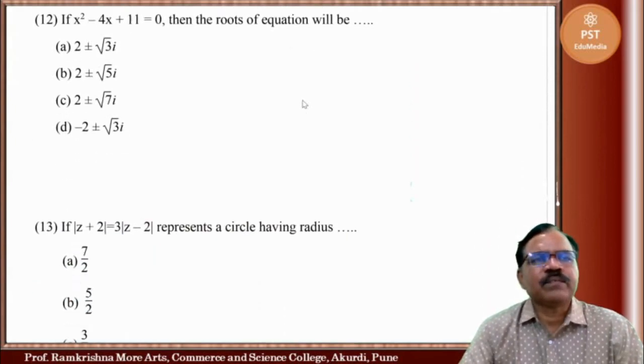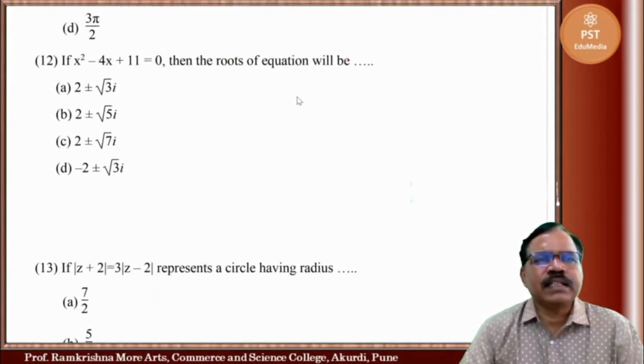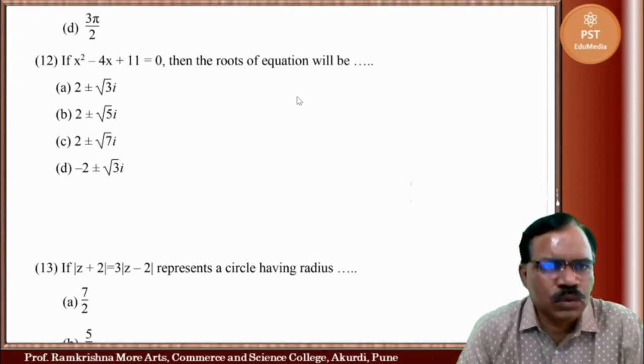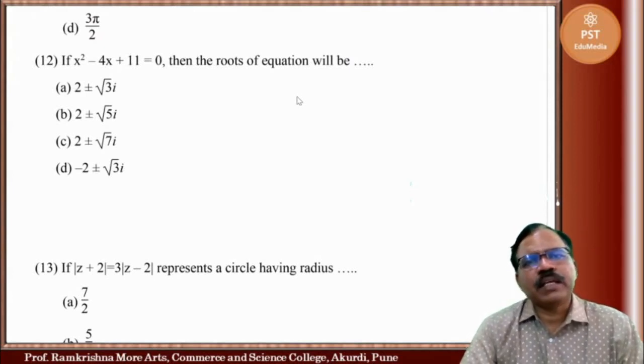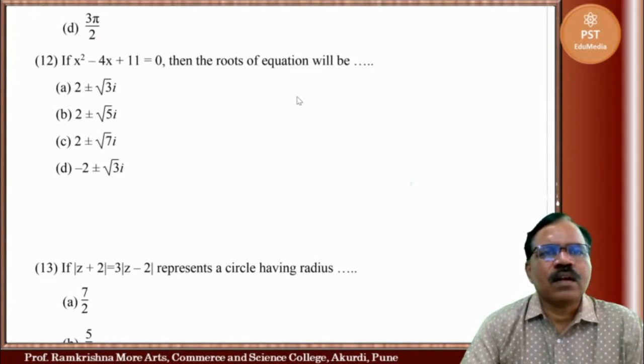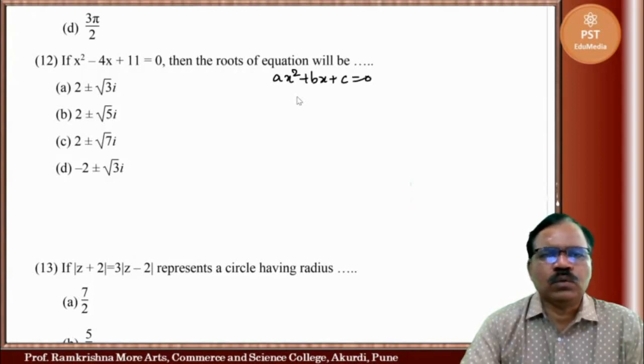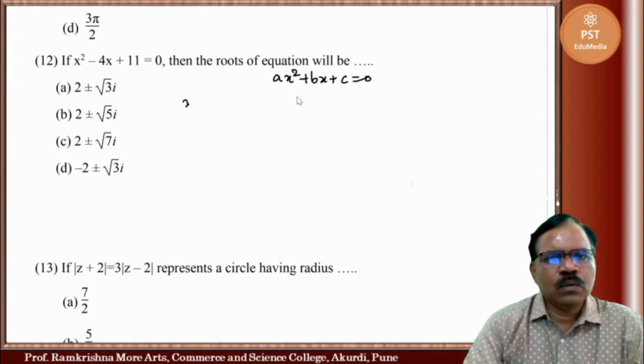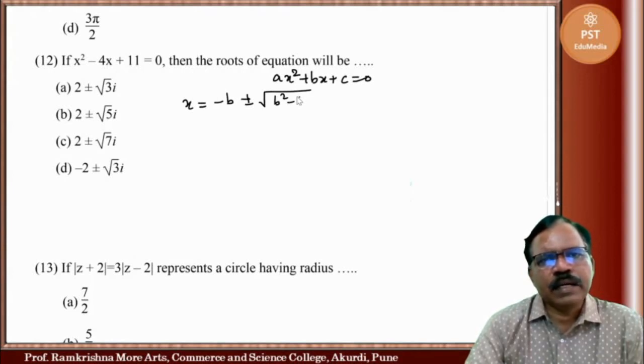Now next one. If x square minus 4x plus 11 is equal to 0, then the roots of equation will be. Now if we have ax square plus bx plus c is equal to 0, then roots are minus b plus or minus under root b square minus 4ac upon 2a.